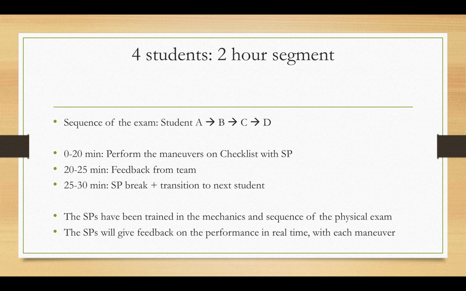So remembering the checklist in your mind, you'll be performing the maneuvers in that same sequence. And then you'll have a few minutes to get feedback from the team and from the standardized patient. And then hopefully a few minutes for the standardized patient to take a break, take a breather before the next student starts. And in that way, we'll have 4 cycles for the 2 hours.